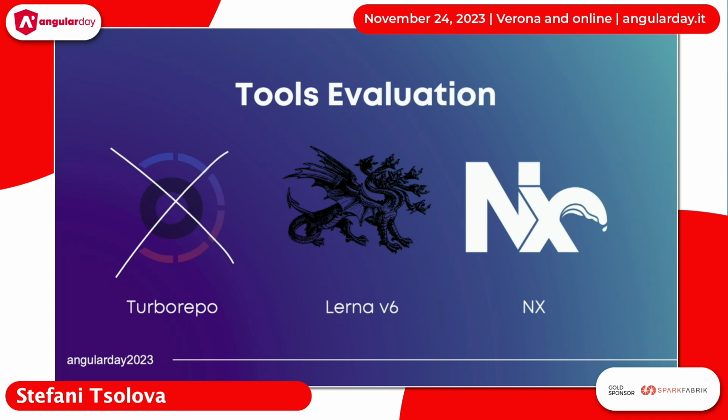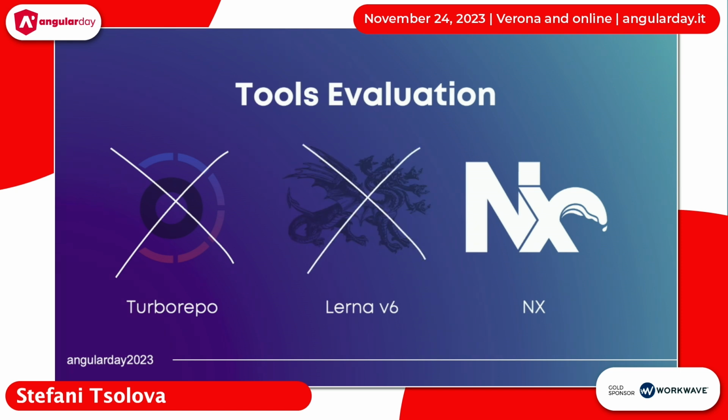Okay, it wasn't Turborepo because in combination with Angular, it happened to fail at parallel processing, which was really important. It also wasn't Lerna.